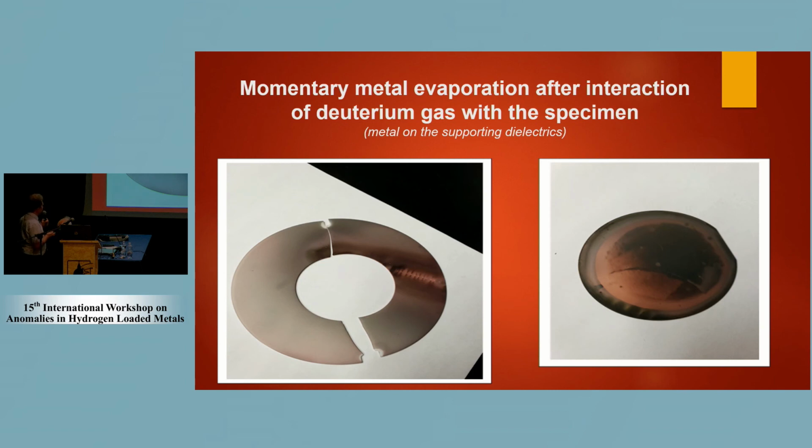What do we see? This sapphire wafer goes here. You can see here a clear picture of the destroyed specimen, similar to a photographic imprint.